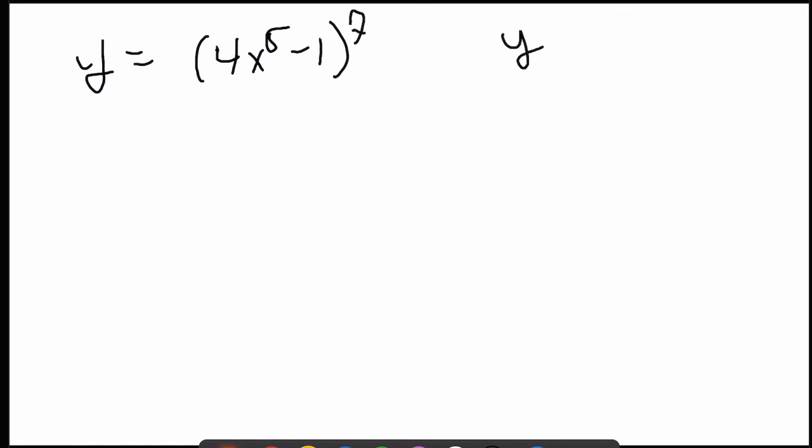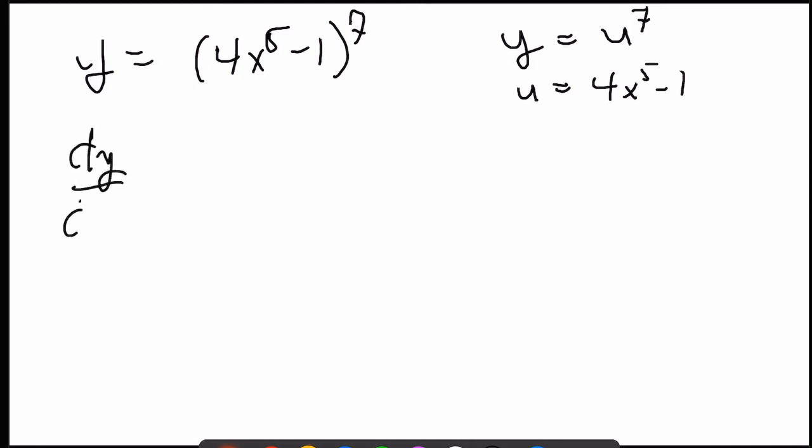Okay? Do you want to do another one of those just for fun? All right. How about y equals (4x to the 5th minus 1) to the 7th power? So y equals u to the 7th. u equals 4x to the 5th minus 1. So dy/dx equals dy/du times du/dx.